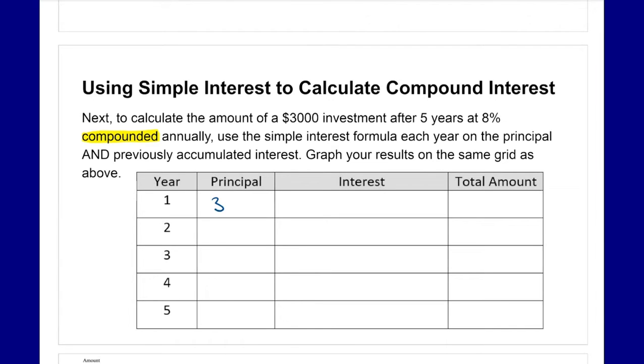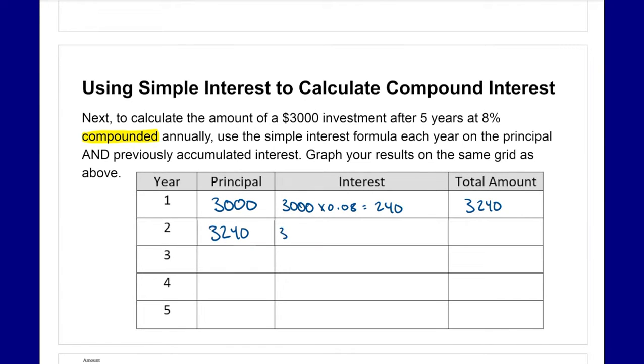So for example, we start off with 3,000 times 0.08 gives us 240, which means the total amount after 1 year is 3,240. The way compound interest differs is that in year 2, this amount here is our new principal.